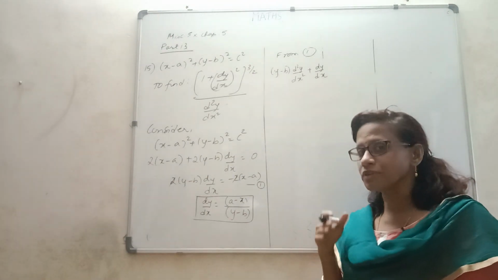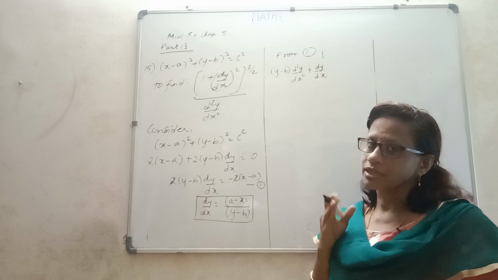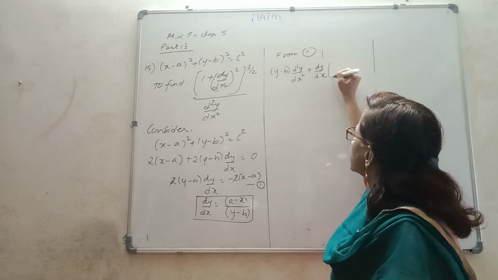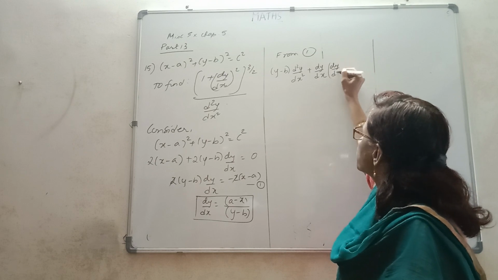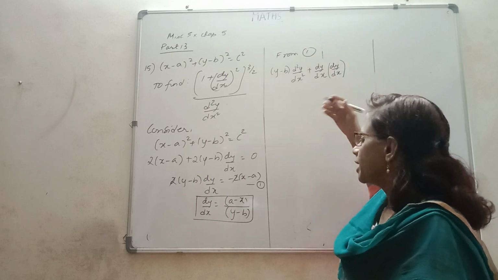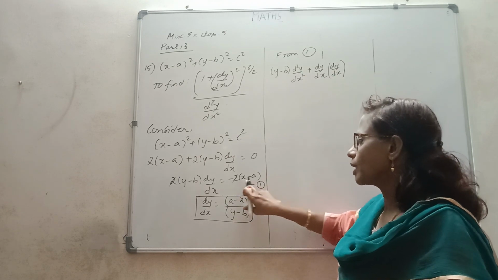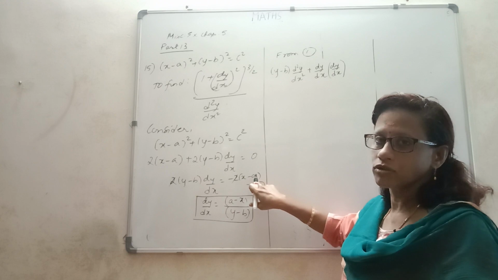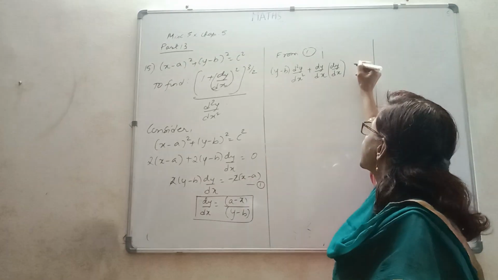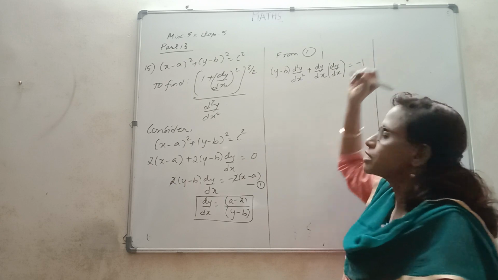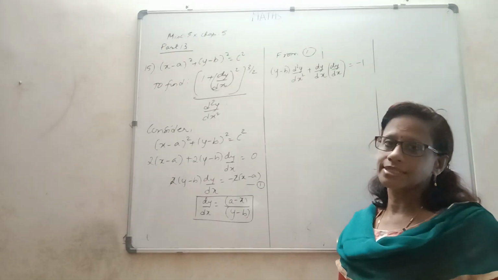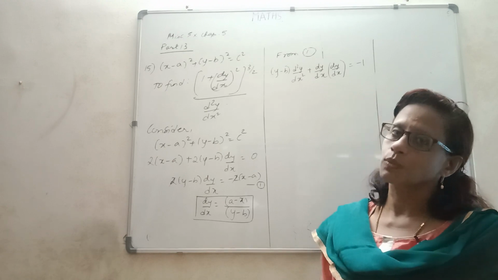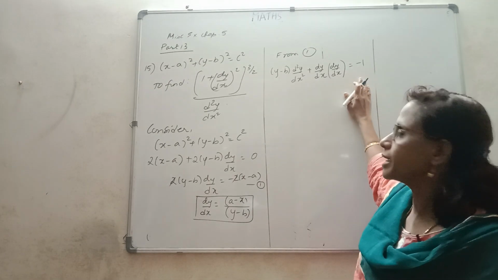The derivative of y is dy by dx, and b is a constant, so the derivative of y minus b is dy by dx. On the other side we have a minus x. Here a is a constant, so no derivative, and the derivative of minus x is minus 1. Derivative of a is 0 and derivative of x is 1, so that's how we get minus 1.